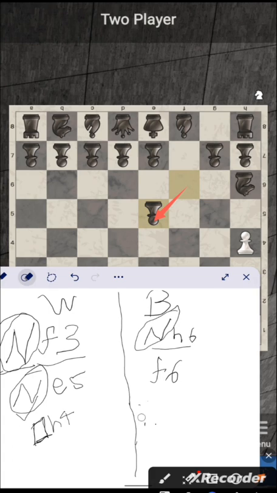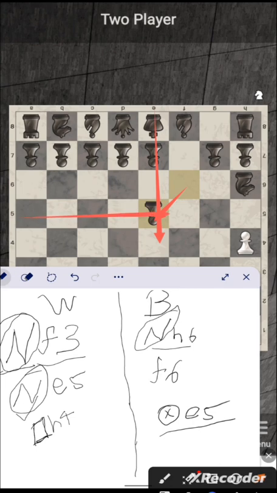After doing capturing, where the piece which has done capturing moves, that we have to write, and capturing is represented with small x. Note, capturing is always represented with small x, then after doing capturing, it is e5.